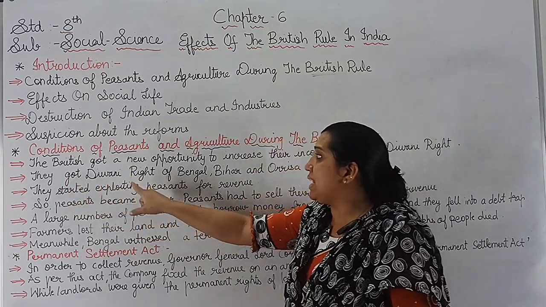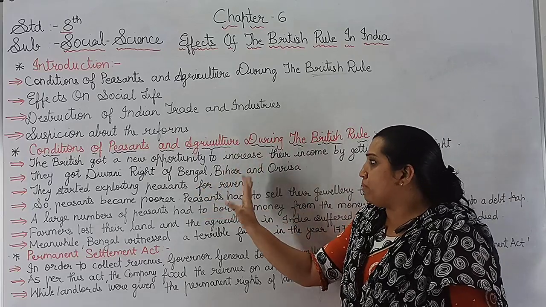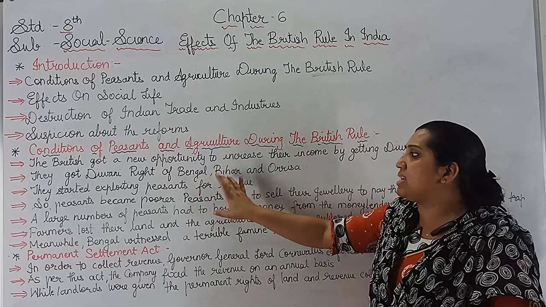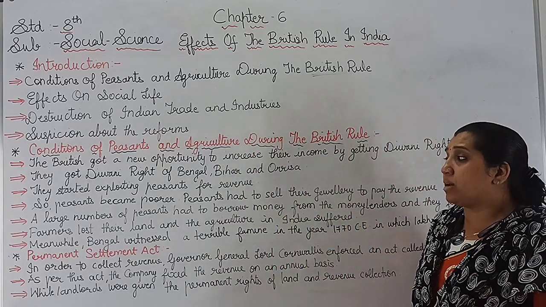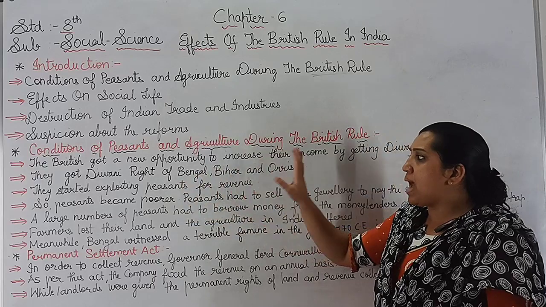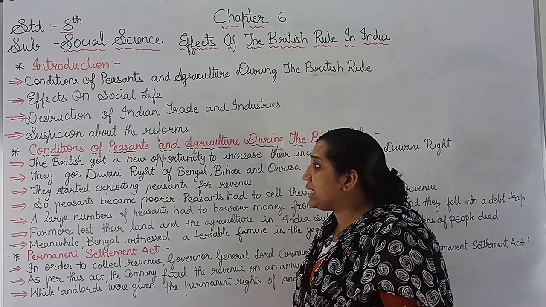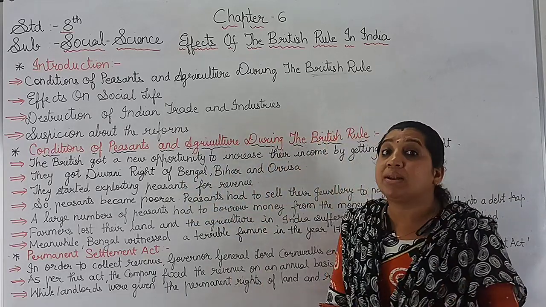Now they got Diwani right of Bengal, Bihar and Odisha, the biggest center for trade. During that time, the biggest center for trade in our country India was Bengal, Bihar and Odisha. Now they started exploiting peasants for the revenue.